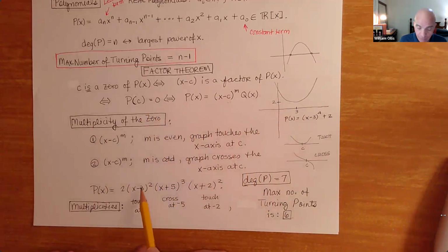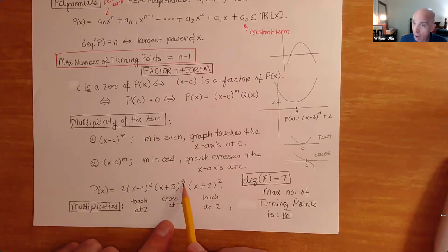But notice the multiplicity of the zero 3 is 2, even, so the graph will touch at 3. The multiplicity of the zero -5 is odd, 3, so it will cross at -5. The graph will cross the x-axis.